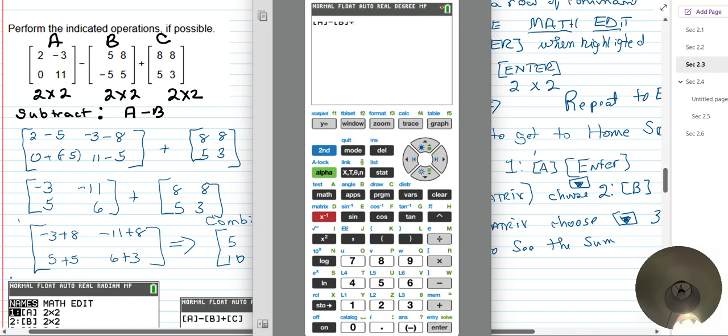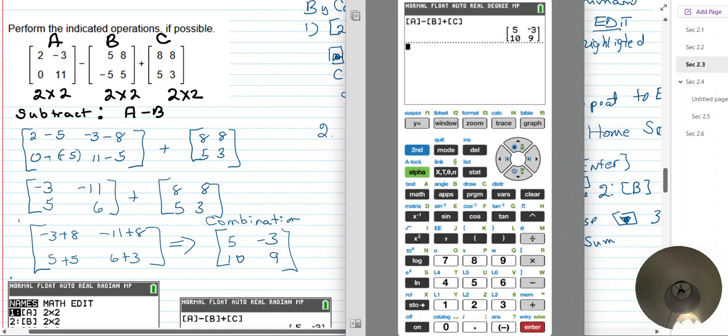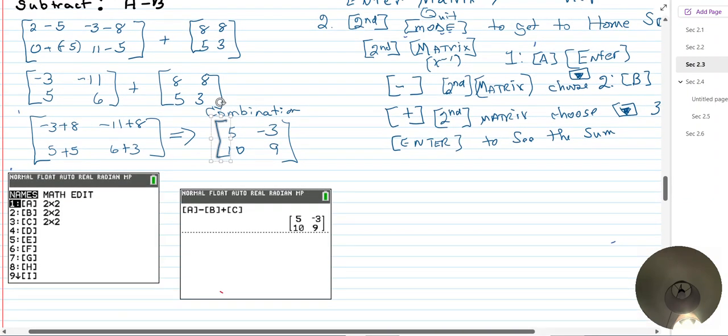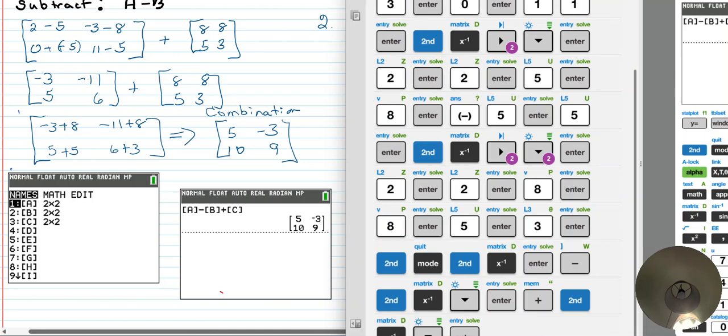Second matrix, and then I'm going to go down to the third one, and then I'm going to hit enter, and I believe that's what we have. Let's look. 5, -3, 10, and 9. There you go. And you can see that we match.